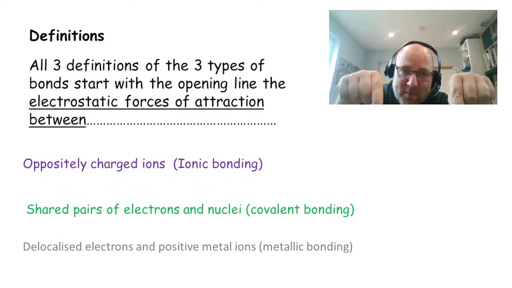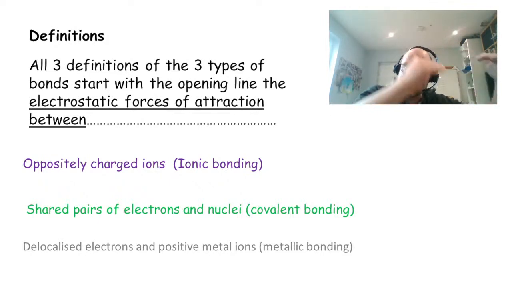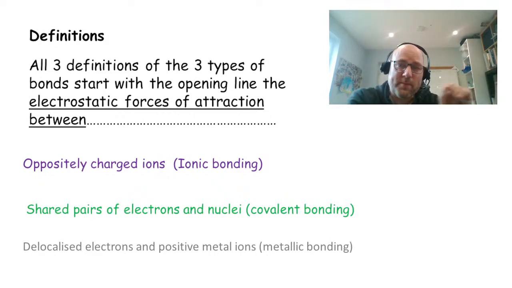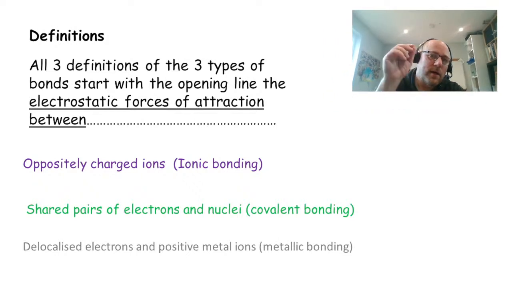For covalent bonding, the answer starts the same. It's the electrostatic forces of attraction, but this time it's between shared pairs of electrons and nuclei. And for the final one, metallic bonding, the definition is the electrostatic forces of attraction between delocalized electrons and positive metal ions.